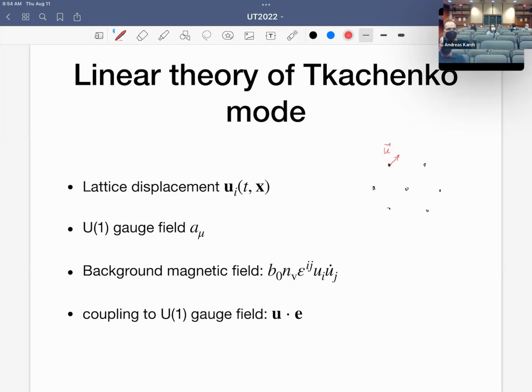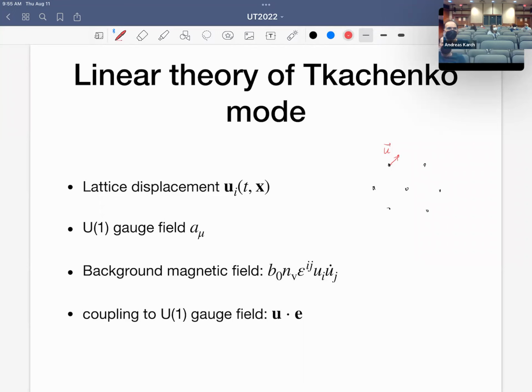Basically, in this context, we will see that this background magnetic field term that I've written here, U_i U_j dot, which according to this argument would be the most important factor explaining the quadratic dispersion relation, is actually not the one that is important here.